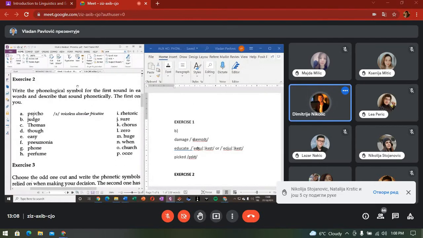So first of all, is it voiced or voiceless? And we cannot say it is also labiodental because it is not labiodental. It is interdental. I realize labiodentals are f and v. Okay, I corrected myself. It's interdental.